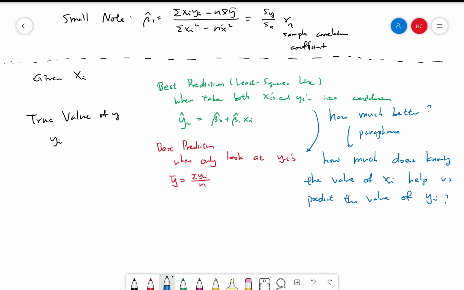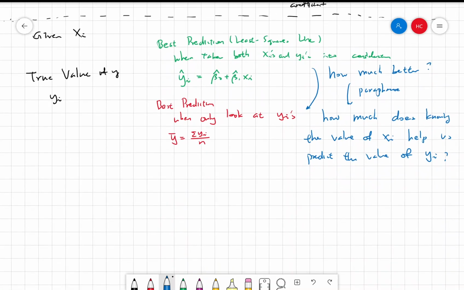Right. So imagine, definitely it's better to some extent, but we want to be able to measure how much better the green prediction is better than the red prediction. So let's measure all these things.